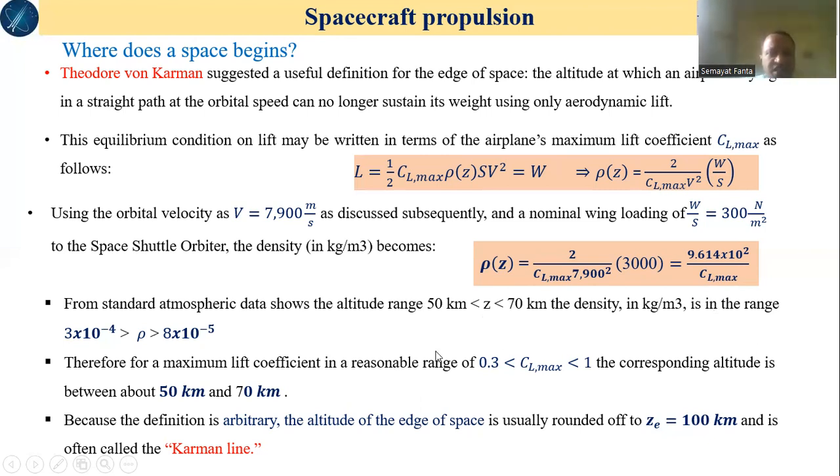At 50 kilometers, he found a density of 3 times 10 to the power of minus 4 kilograms per cubic meter. And for 70 kilometers, 8 times 10 to the power of minus 5. These are very small numbers for the air density. He calculated for maximum lift coefficients of 0.3 and 1.